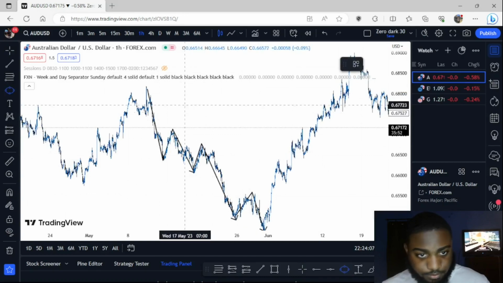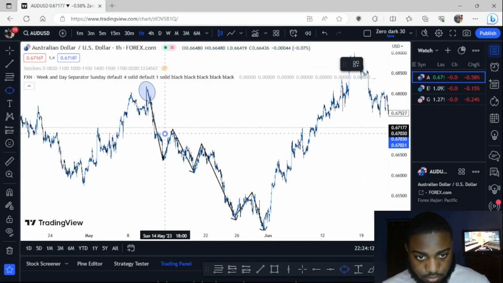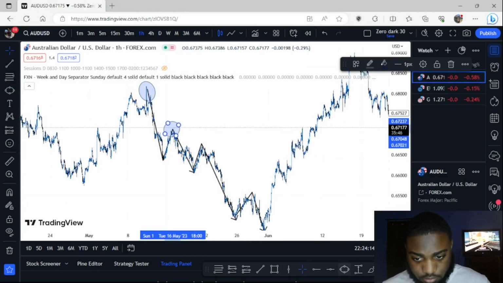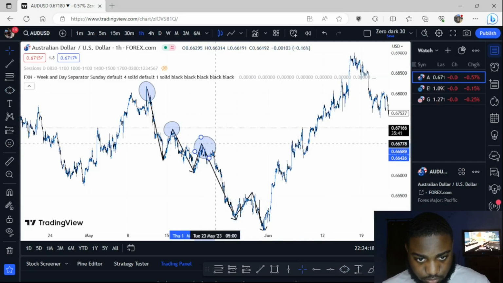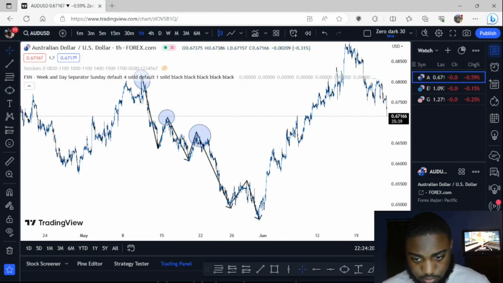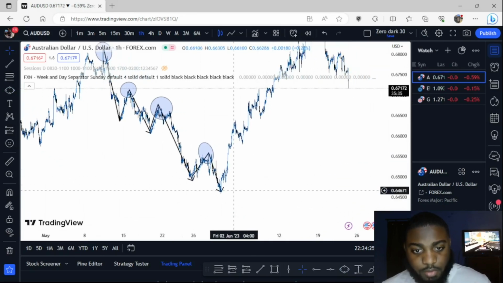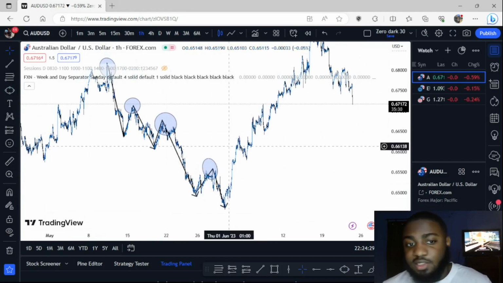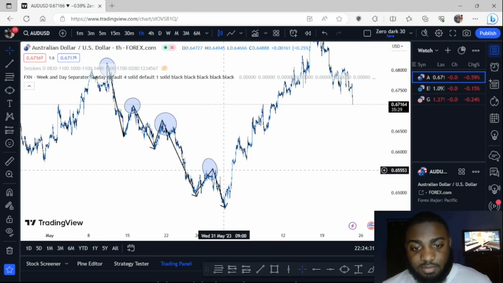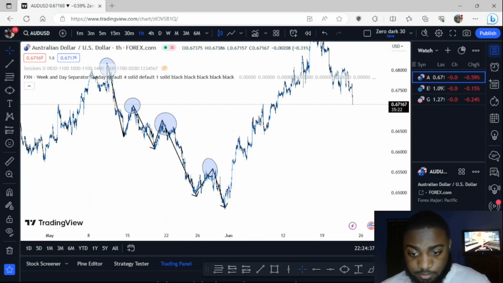So what's going on? Protect it, protect it, protect it. And this is protected. So the moment we see one of these protected lower highs get taken out with momentum, then what? We're in the uptrend, as we clearly see.